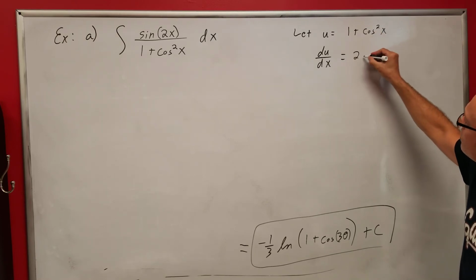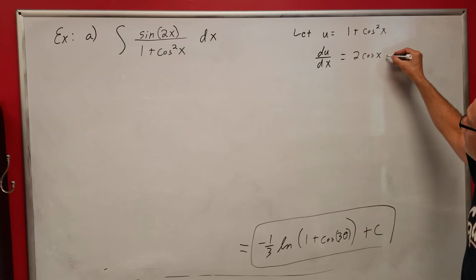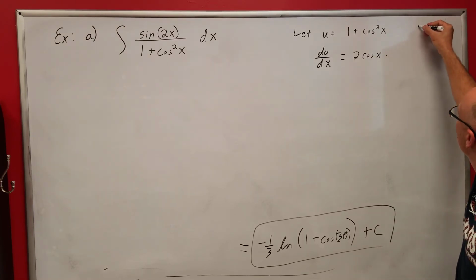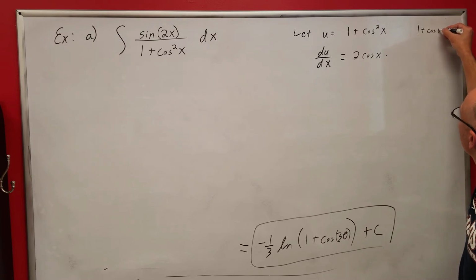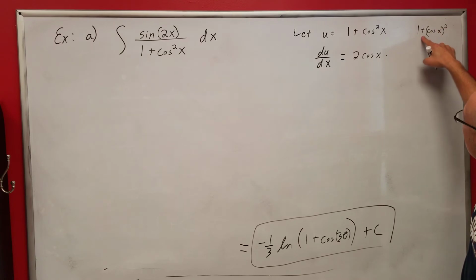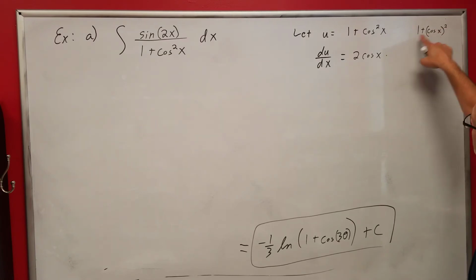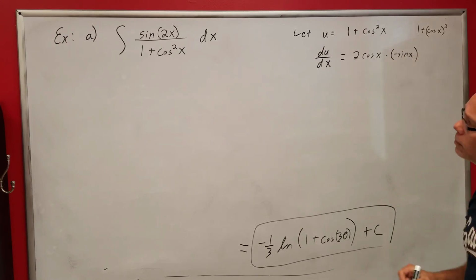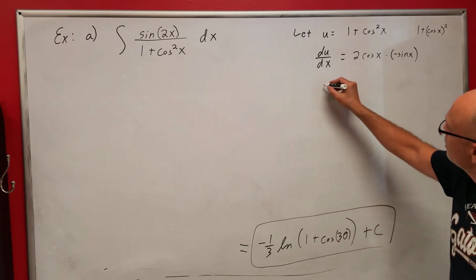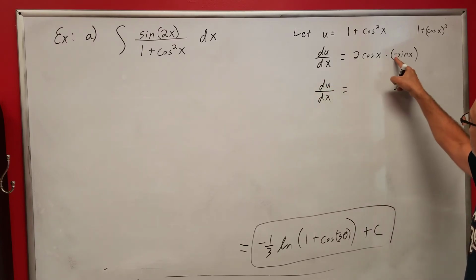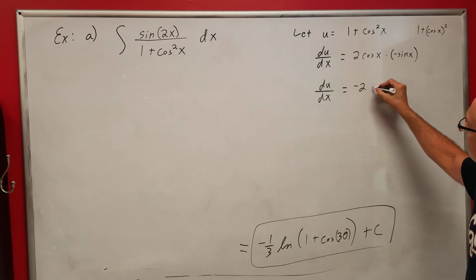I've got to say 2 times the cosine of x times the derivative of the inside. Because remember, this is really 1 plus cosine of x squared, right? So I said derivative of the outside at the inside times the derivative of the inside. So I get du over dx is equal to, that's a -2.